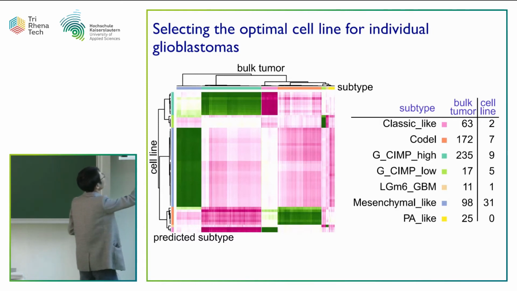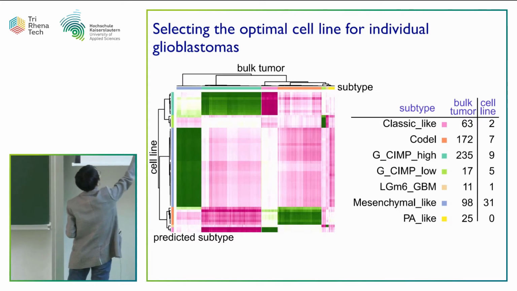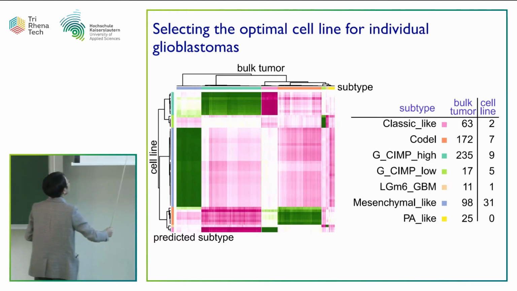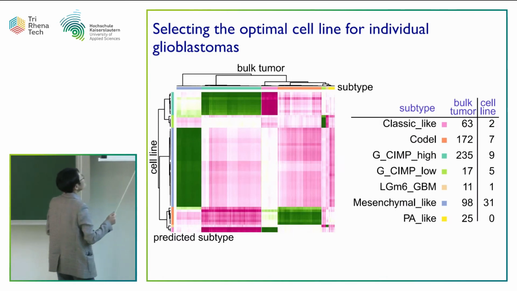If you have a bulk tumor here, the green color encodes the most similar cell lines. You can also see from the label, using the same color to encode, you will get the cell lines most similar to that specific bulk tumor.